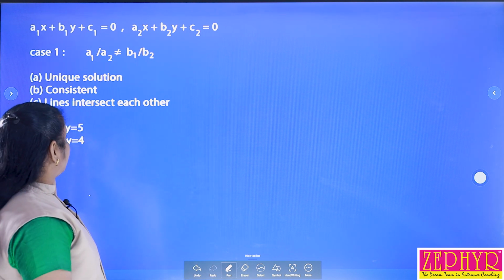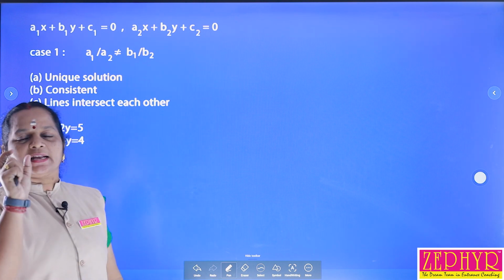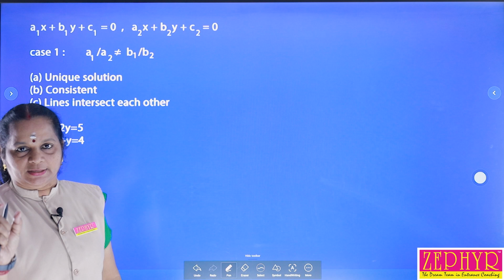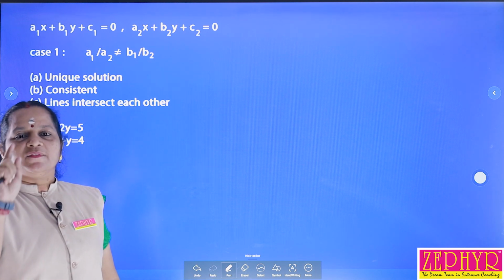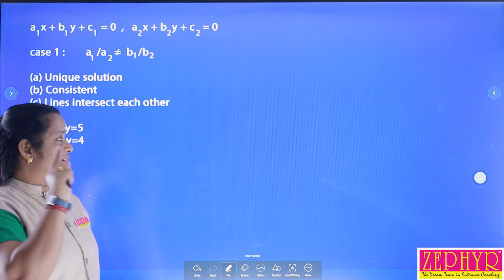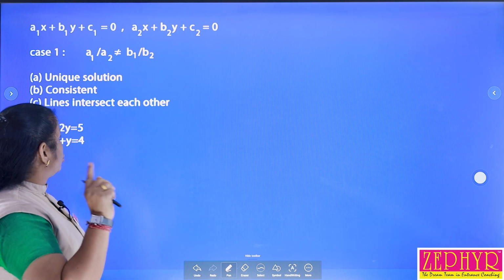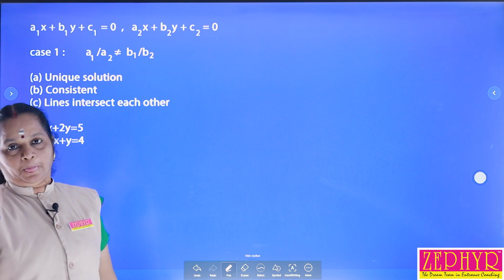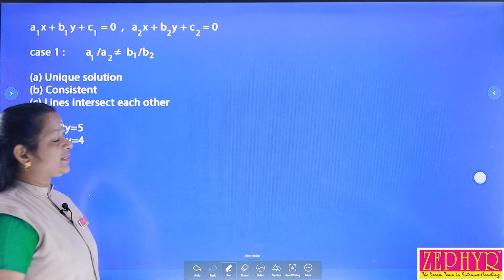What do you mean by a unique solution? This system is consistent and there exists only one solution. That means there exists only one value for x and y which satisfies both equations. Also, if we draw these equations in a graph, we get two intersecting lines.